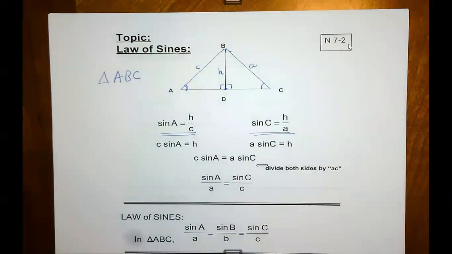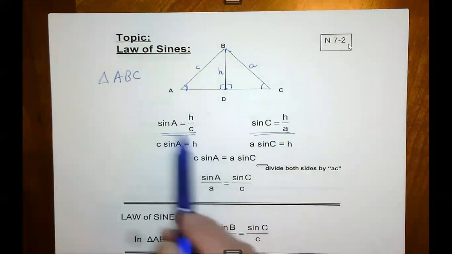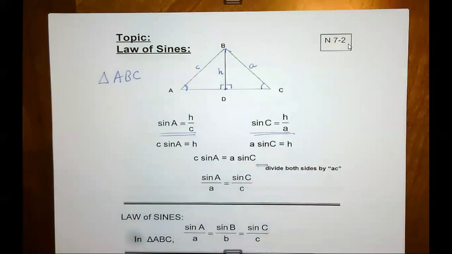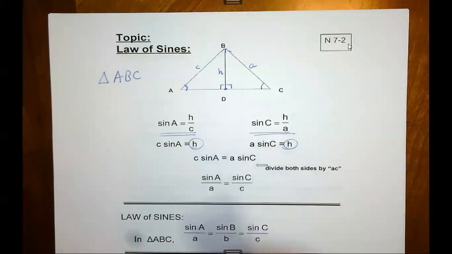Just like we did in our lessons last week, they multiply by c to get rid of the fraction. So we would have c sine A equals h. Over here, you'd have a sine C equals h. Well, if both of those things are equivalent to h, then these two things have to equal each other. So here, they just set them equal to each other.